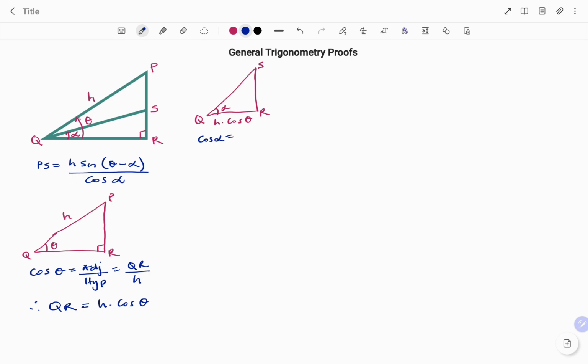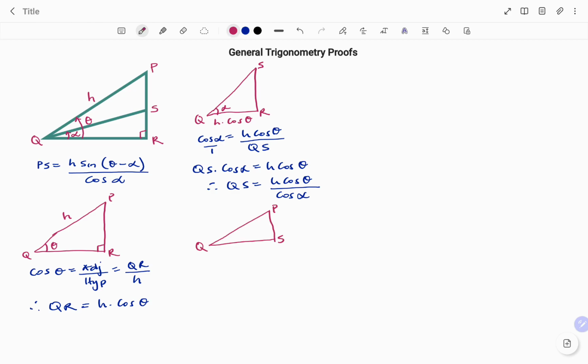The adjacent is h cos theta, and the hypotenuse is QS, which is not given. Therefore, making QS the subject of formula, cross multiply, this is over 1. If you cross multiply, you have QS multiplying cos alpha equals to h cos theta. Therefore, our QS equals h cos theta over cos alpha.